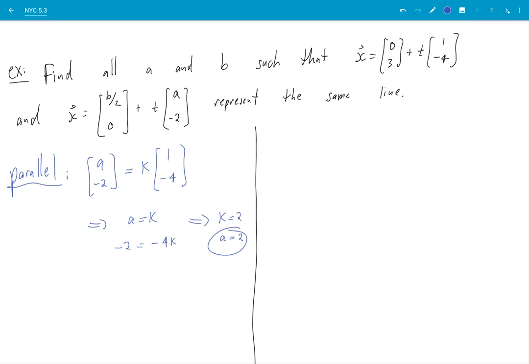How can I find B? Okay, more logic here. If they're the same line, it means that this vector here must be on this line over here, right? So this vector here must equal this thing here for some appropriate value of t.